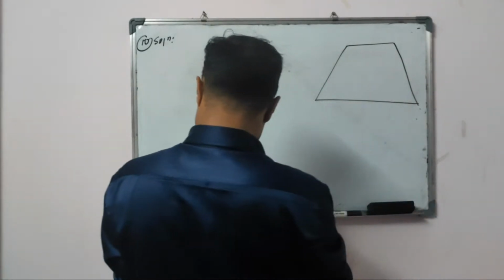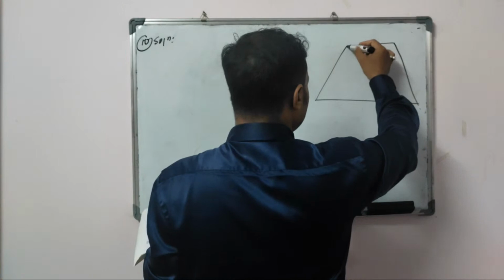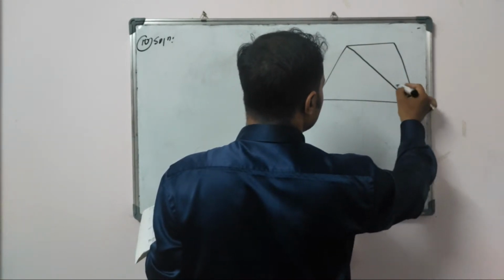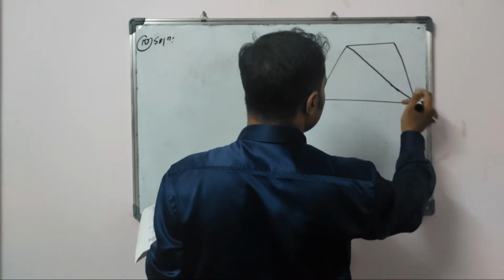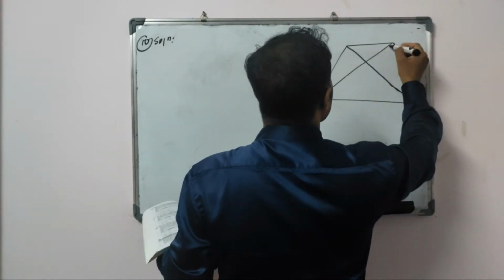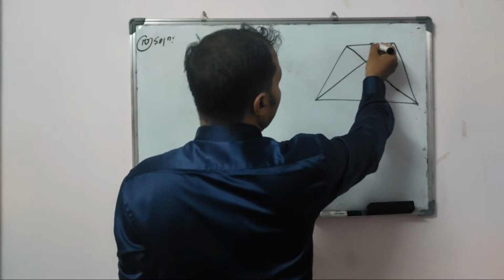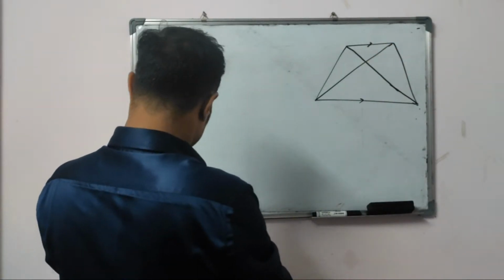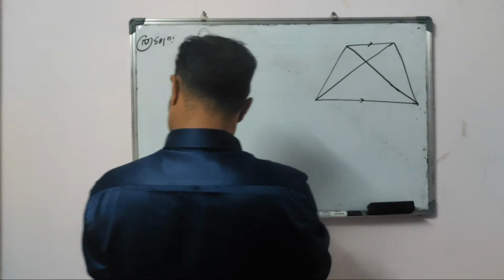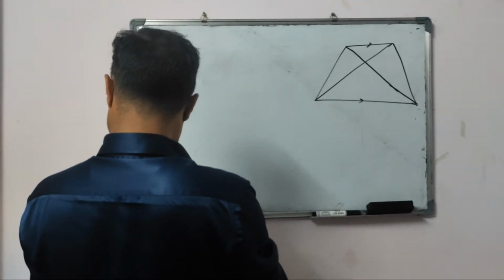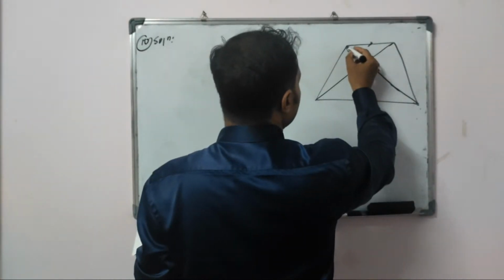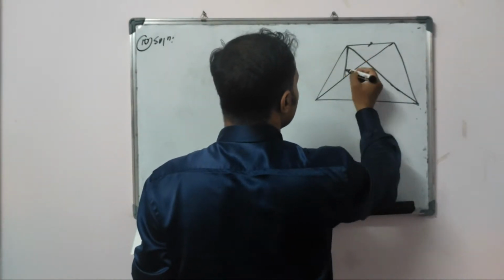A trapezium is there, right? Diagonals these are parallel, see carefully. Trapezium. ल यहाँ एउटा x भन्ने point छ.